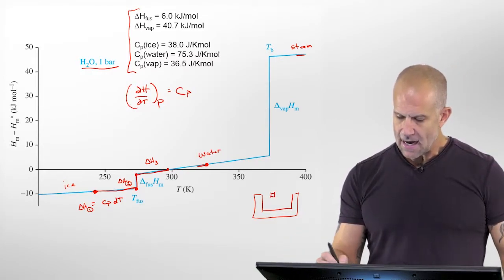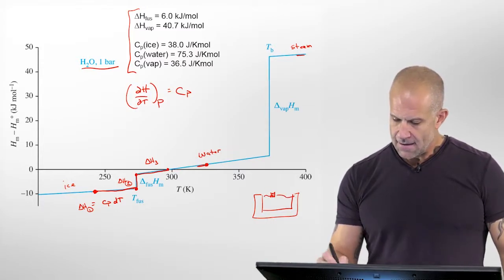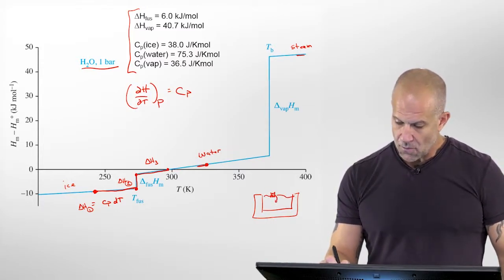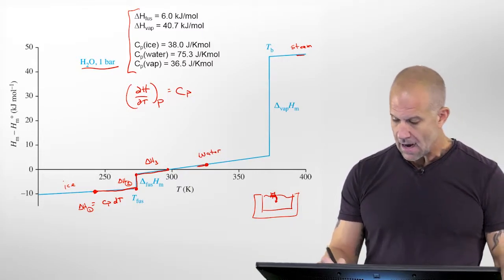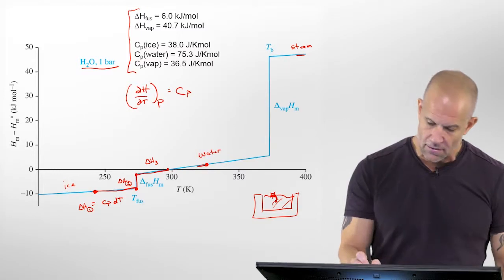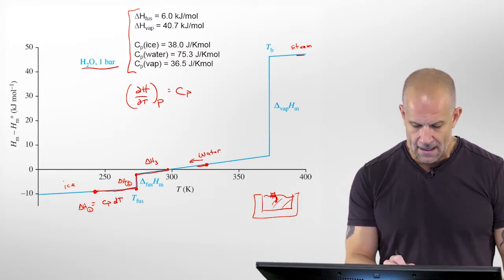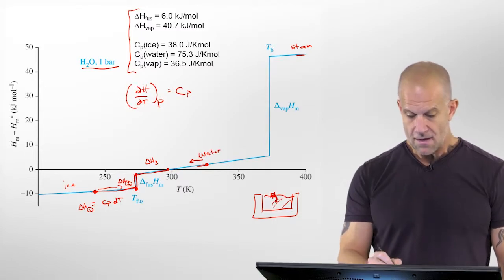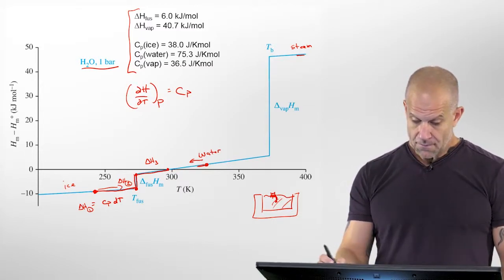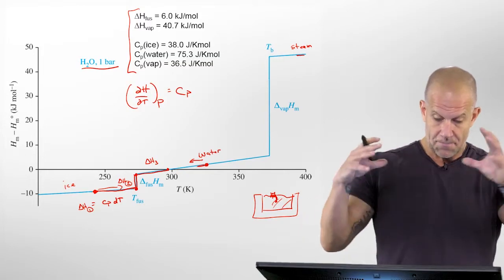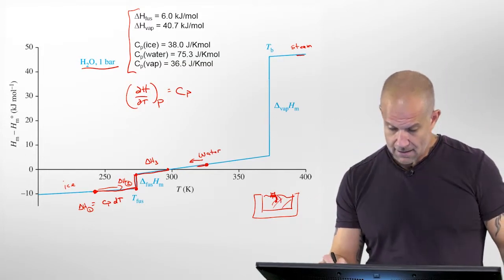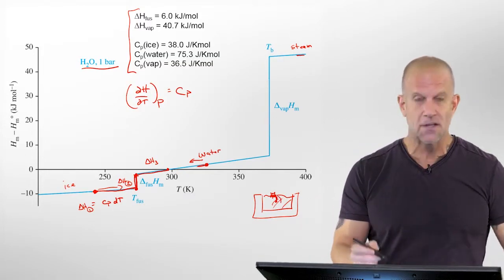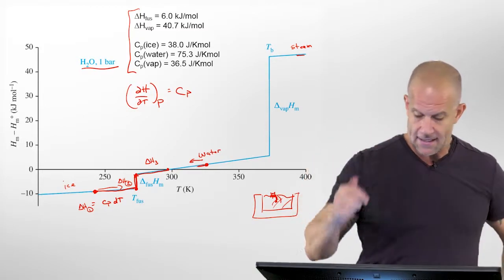So any heat absorbed by the ice must be lost by the water. So the water temperature will drop, the ice temperature will increase. It'll start to melt through that process of fusion, of basically melting the ice.